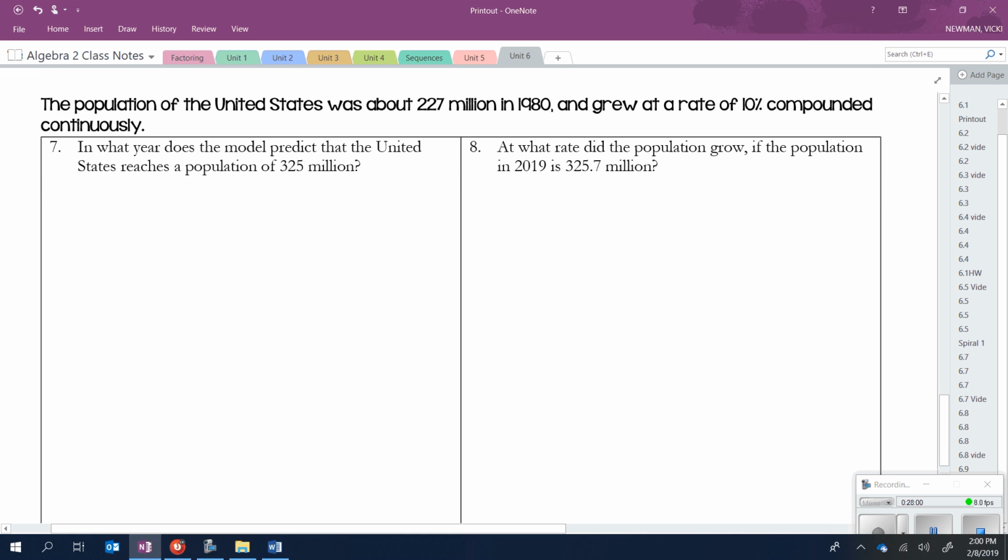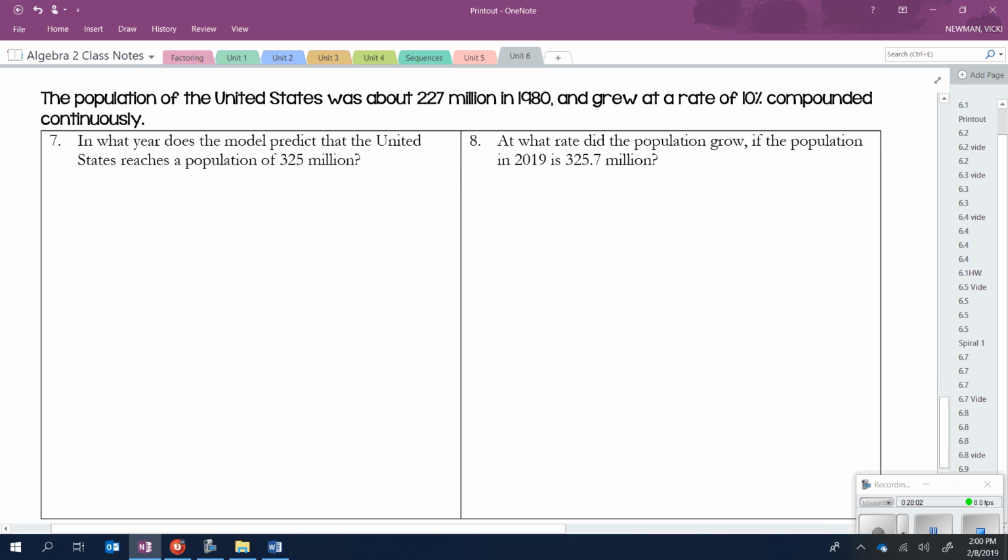And then the last two: the population of the United States was about 227 million in 1980 and grew at a rate of 10% compounded continuously. What formula is this?